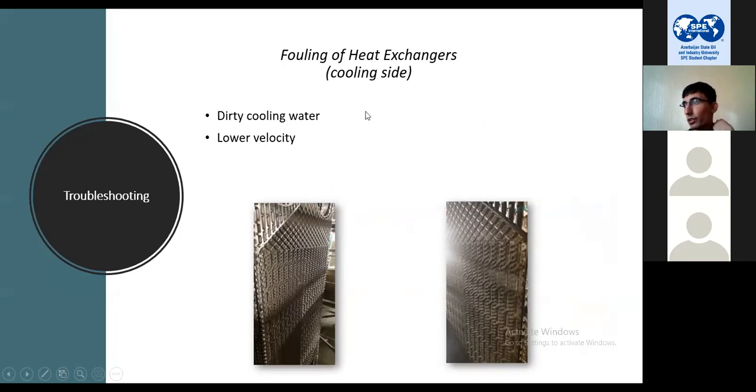On the cooling water side, the reasons can be different. Cooling water can be dirty. For cleaning cooling water, we use 3 types of chemical additives: biocide, anti-scale, and corrosion inhibitor.